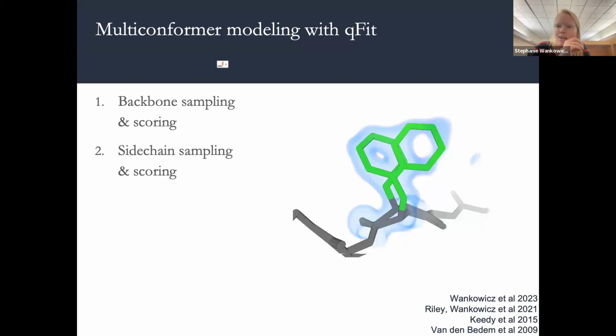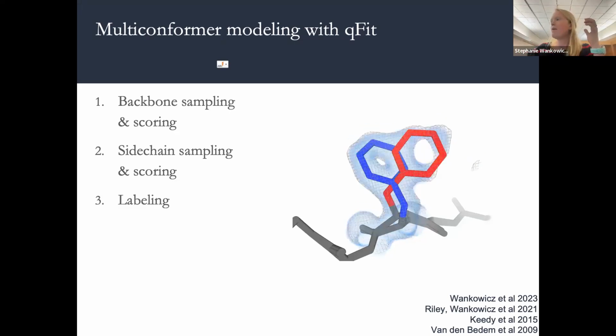And this placing of multiple side chains is where we get the name multiconformer ensemble. We're placing multiple conformations of the protein as supported by the data. And finally, because this is done on a residue by residue basis, we need to put the protein back together, and we have to do what's called a labeling step. This is really looking at clashes across the protein and making sure that the protein is labeled properly.